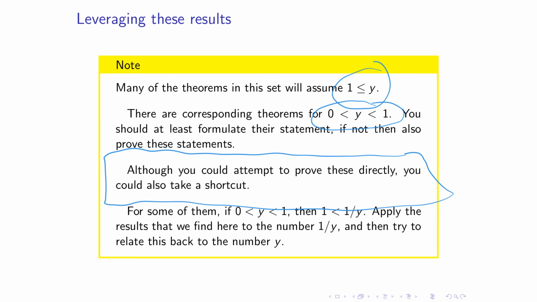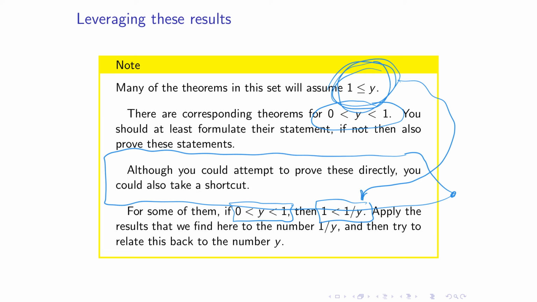But when you do prove it, there are probably going to be some opportunities where you can take a shortcut and you don't have to prove it from scratch the way that we've proved everything for this case. What you can do instead is observe that when y is taken between 0 and 1, then its reciprocal is strictly bigger than 1, and then the results that we are proving here apply to it.